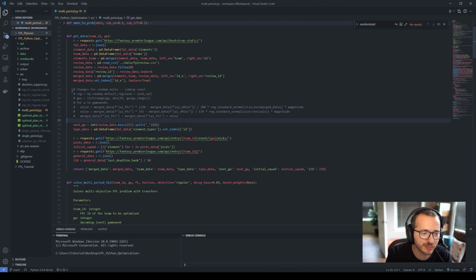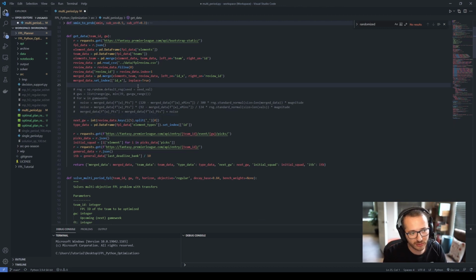But this part says changes for random noise. So this is the part where we will actually add noise. Again, for the sensitivity analysis, using what James presented, we will use those noise, add it to our data, and then try to solve the problem over and over again. Because if you use optimization, if you just give static data, whatever solution you get, you will always get the same solution, regardless of how many times you click optimize.